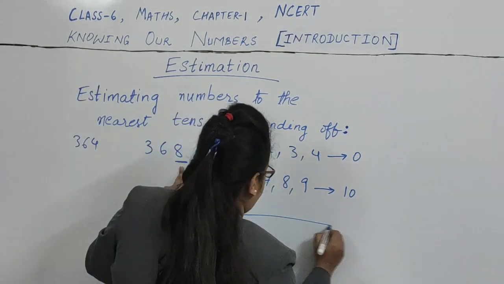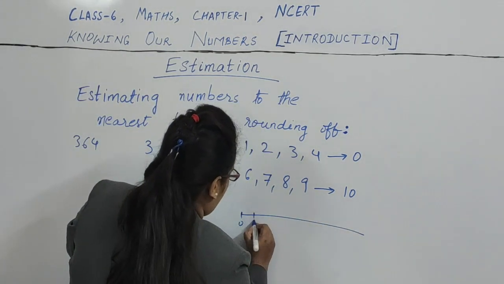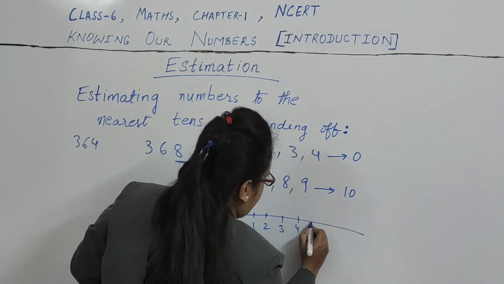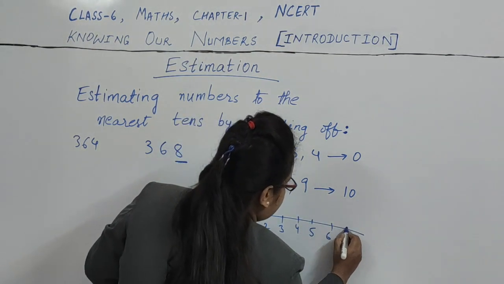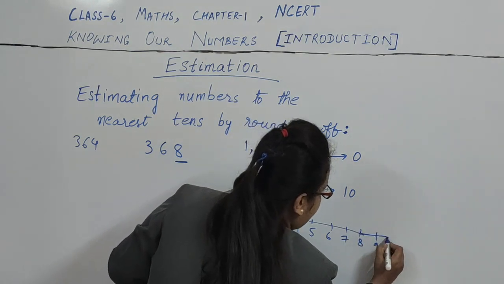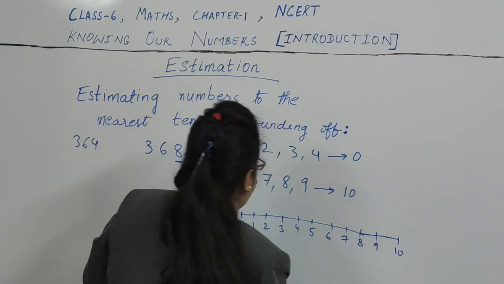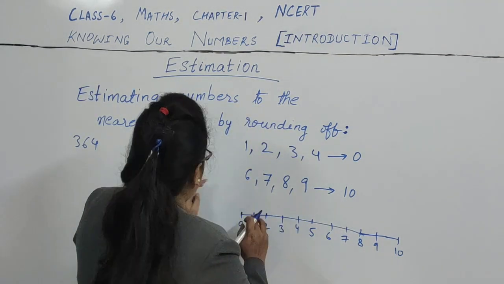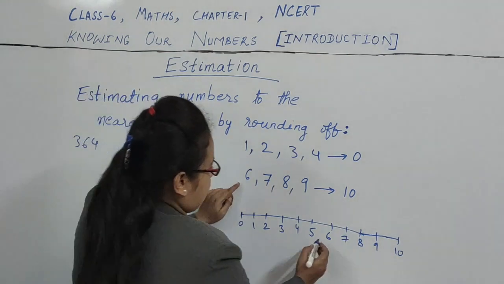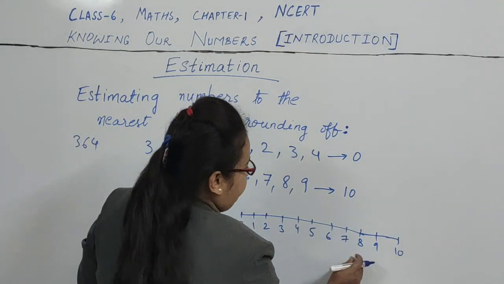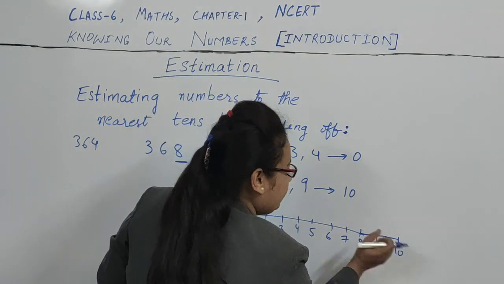See why? Because this is 0, 1, 2, 3, 4, 5, 6, 7, 8, this is 9 and 10. So when the digit at the ones place is 6, 7, 8, 9, it is rounded off to 10 because these digits are closer to 10.